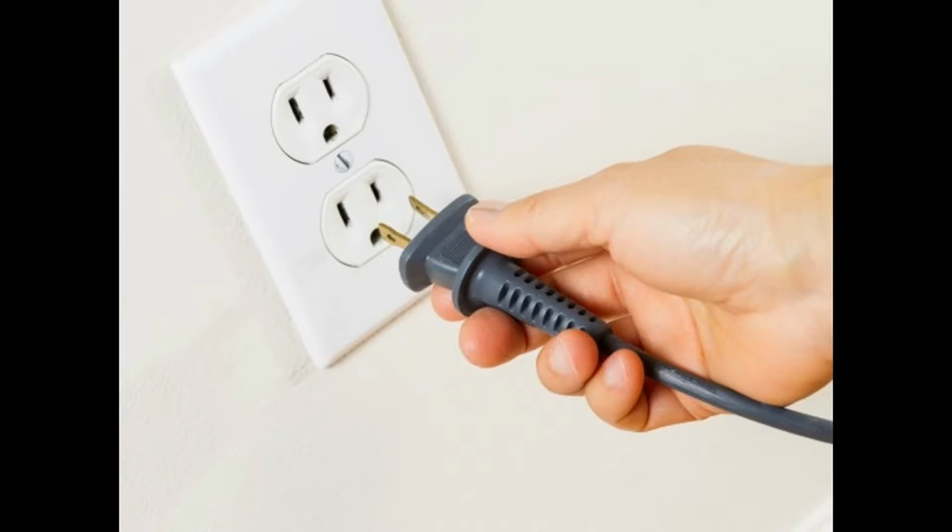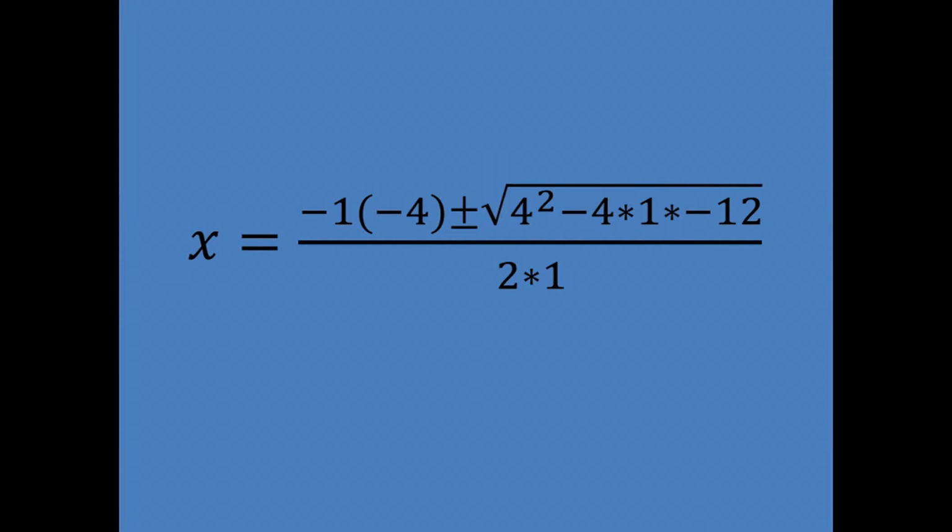So basically what we're going to do here is plug the values into that formula. So here we are. Negative 4 is our b. We have 4 squared minus 4 times the value of a, which is 1, and c, which was negative 12, divided by twice the value of a, which is 1.